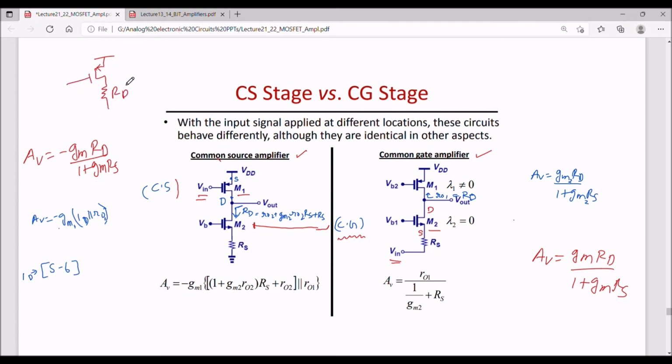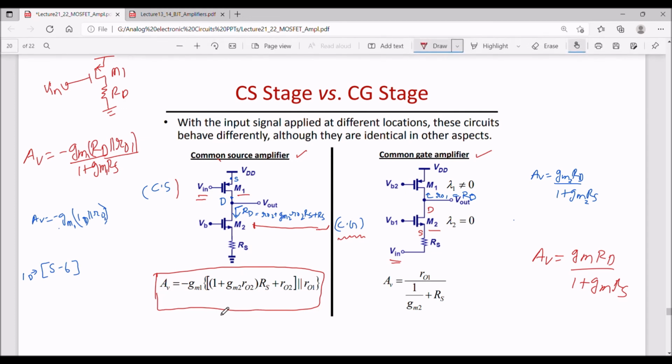So this is common source M1. For this, gain is minus GM1 RD, and RD is known to me. So from this I can find out the total gain. In fact, if we are considering lambda, RO1 also should come here. So if I put RD here as this much, I get this gain as this much.